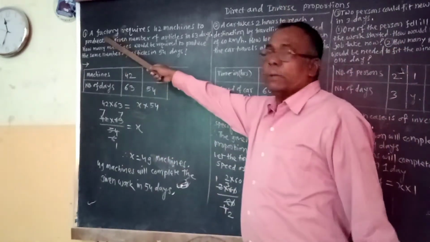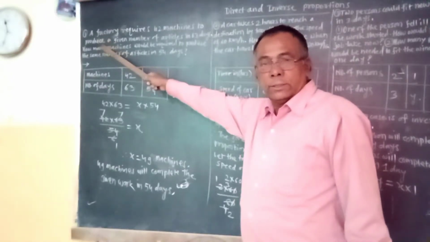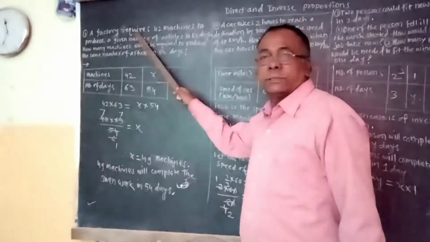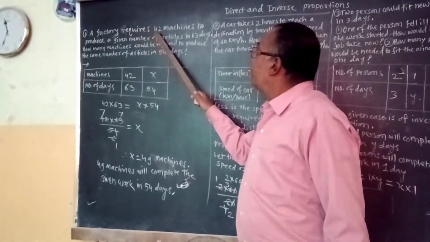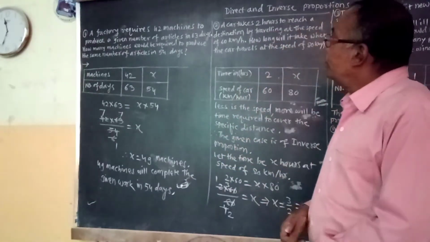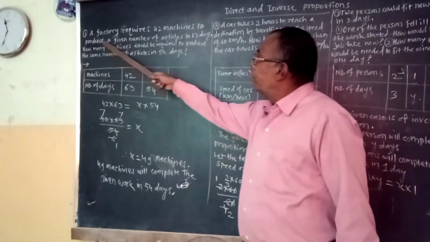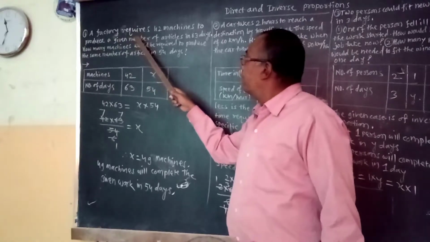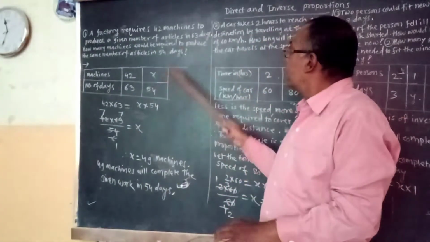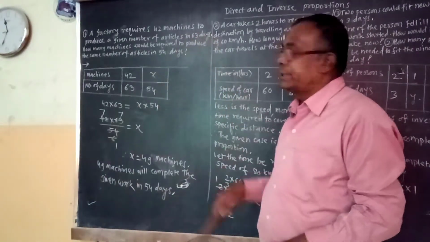So the first example is that a factory requires 42 machines to produce a given number of articles in 63 days.